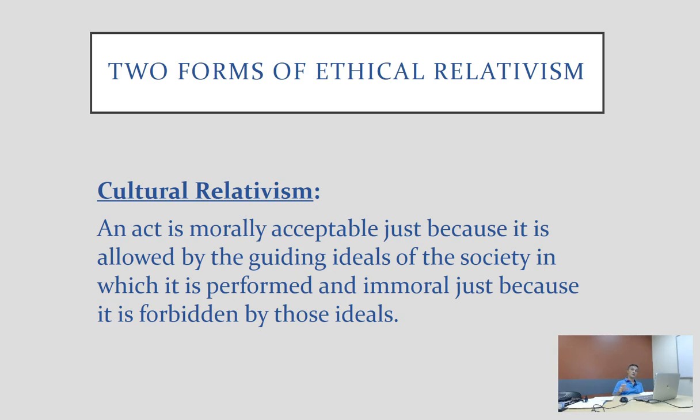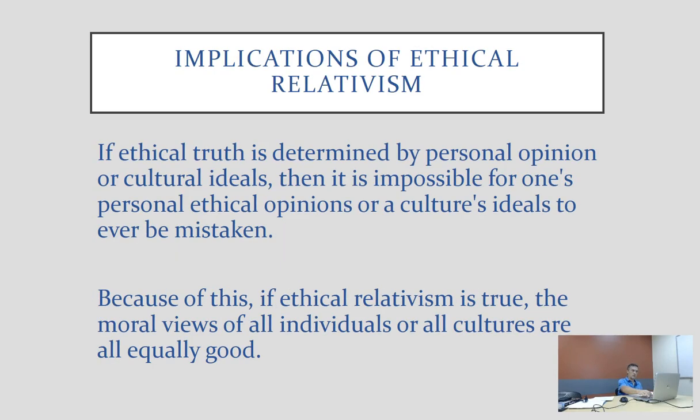So we're going to take cultural relativism and subjectivism, pack them together, and look at the implications of the views taken together as ethical relativism. Problem number 1 is moral infallibility.